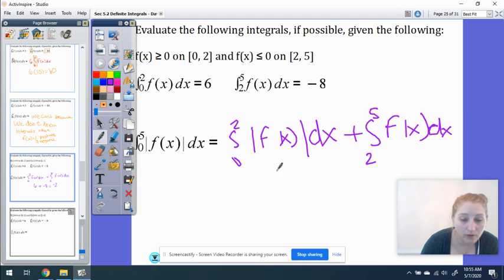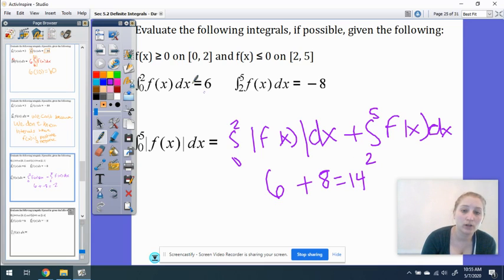So the absolute value of 6 is 6. The absolute value of negative 8 is 8. And we add it together to give us 14. Okay. You want to take care of doing the absolute value before you add them together. Okay.